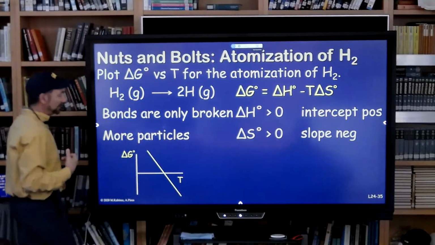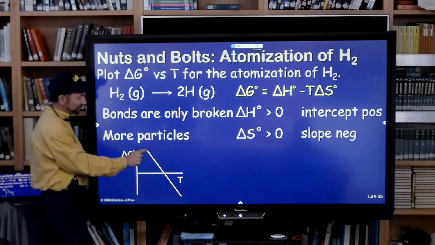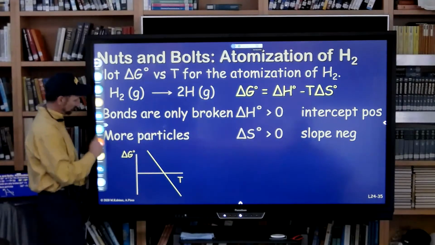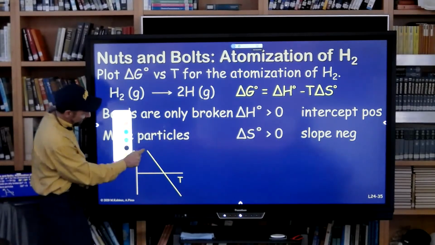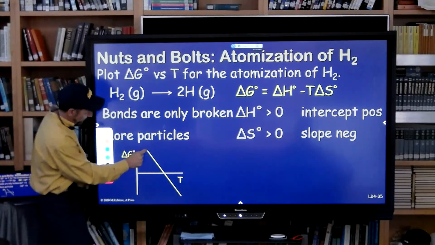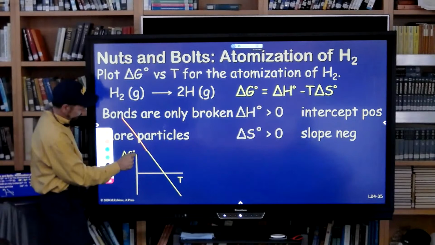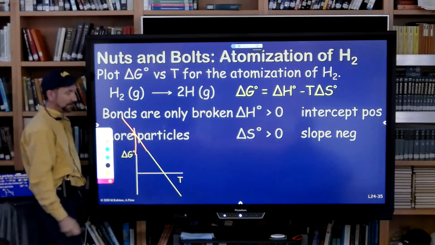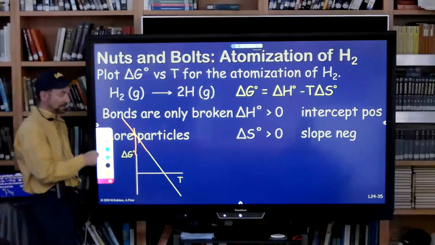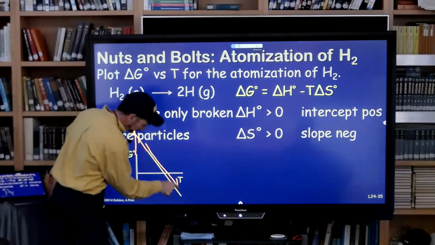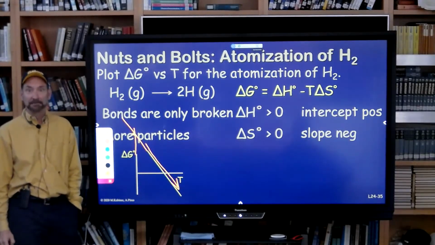I can plot that in a straightforward way: standard state free energy difference. The intercept is up here. That's delta H. The slope is negative. So I can sketch out that plot.